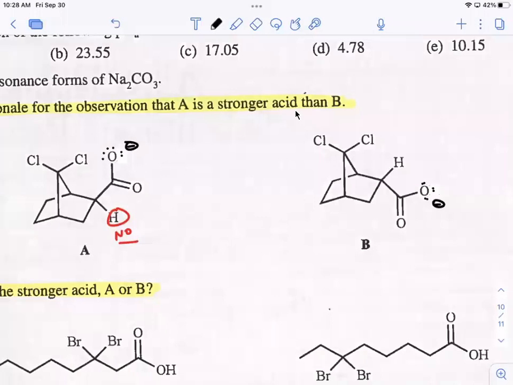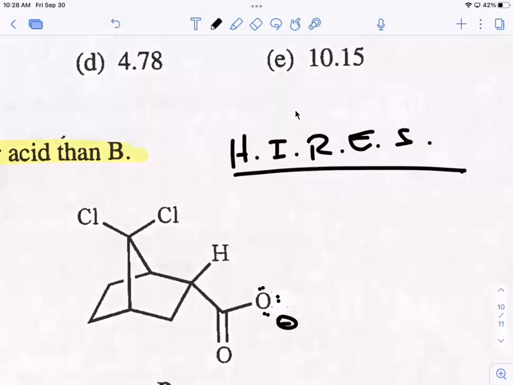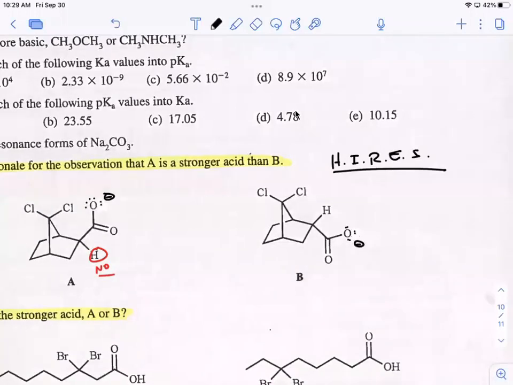Now, remember, this is my hybridization, induction, resonance, electronegativity, and size. What can we rule out? There's no advantage to either one of those conjugate bases in terms of resonance, right?